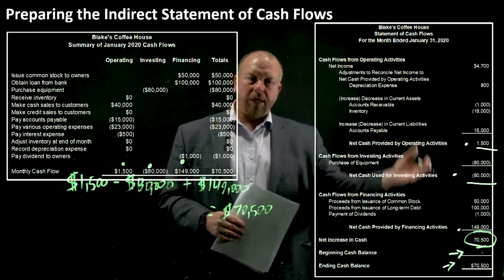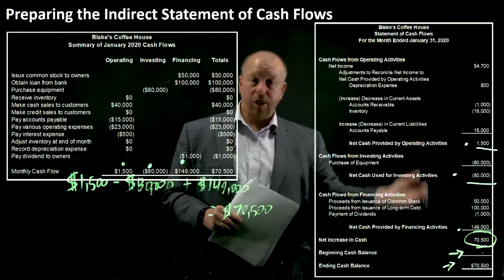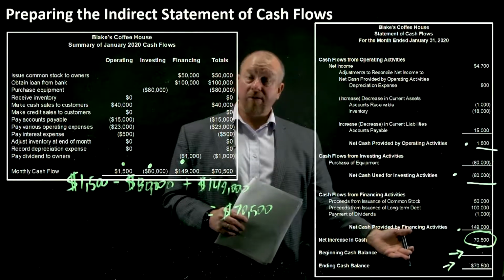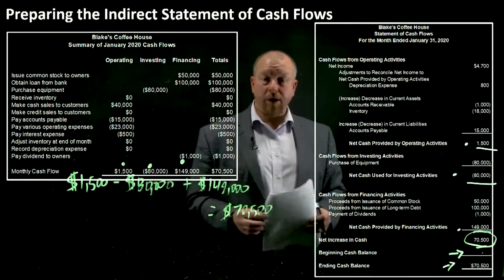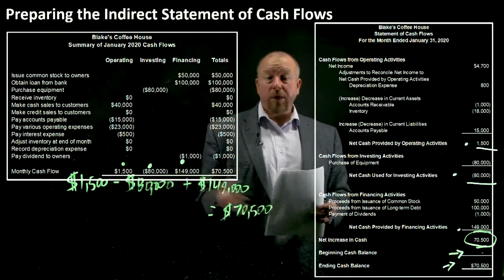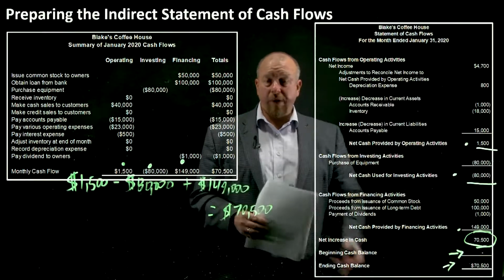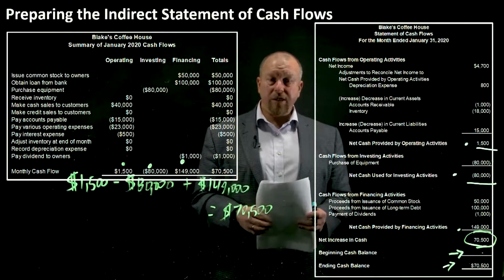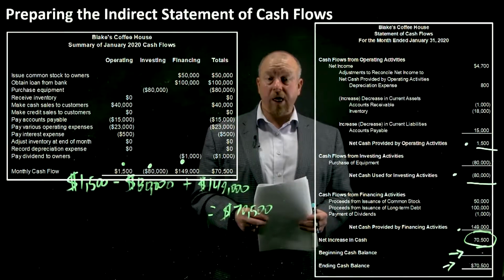We just want to be able to take the year-end income statement and balance sheet and convert it into the statement of cash flows for that particular period. Now, in this case, it's just 1 month. A lot of times it would be year-end. But you can see the beauty here. Take your income statement, take changes in your comparative balance sheets, take a little bit of additional information, and you can actually back into the company's change in cash.